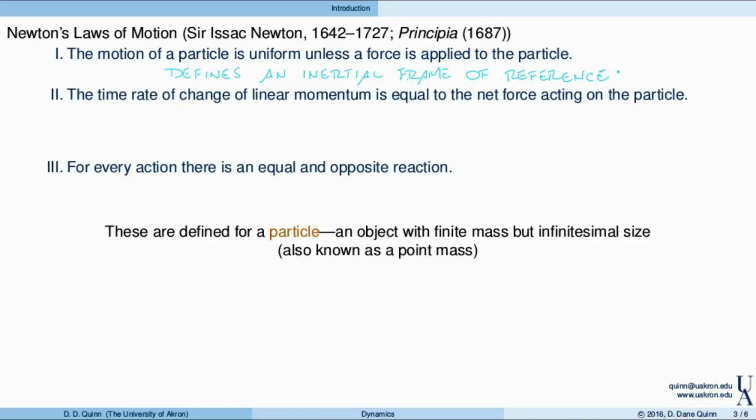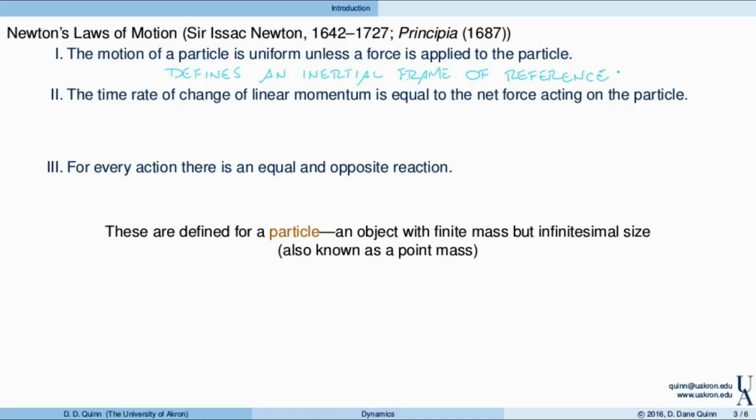An inertial frame of reference is one that's not accelerating. Of course, the ground outside us certainly is accelerating because the Earth is spinning on its axis and spinning around the sun, and the sun is moving through the universe. And so there is acceleration of the ground, the dirt. But it's typically very, very small, and for most engineering problems can be neglected. There's certainly some where it can't be. But for most applications, the ground satisfies our requirements for an inertial frame of reference.